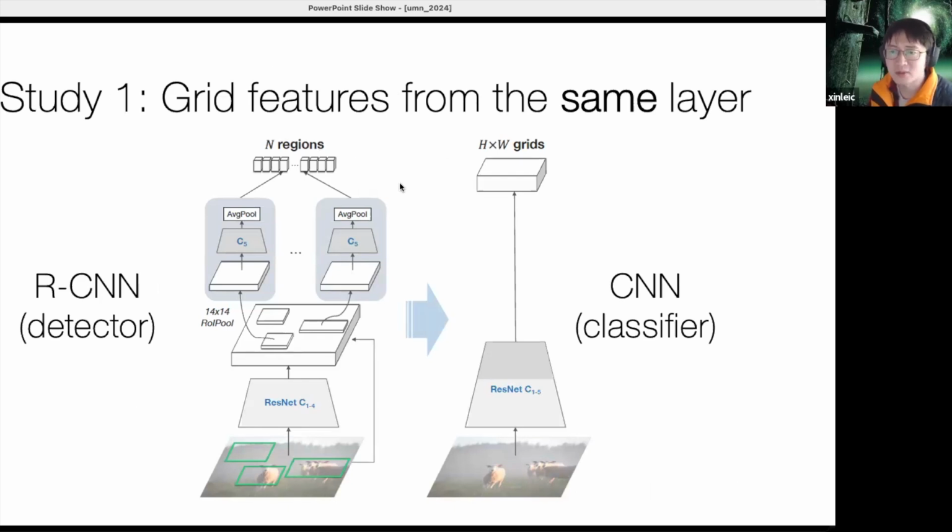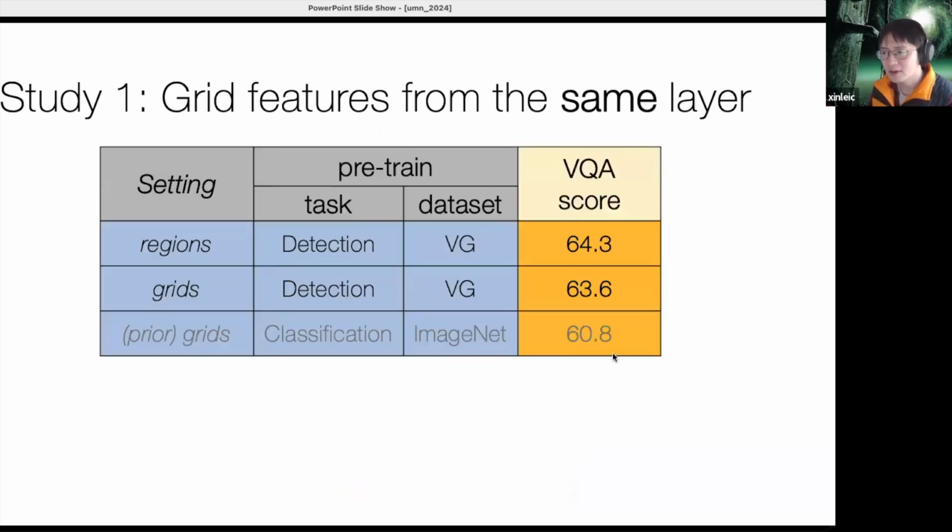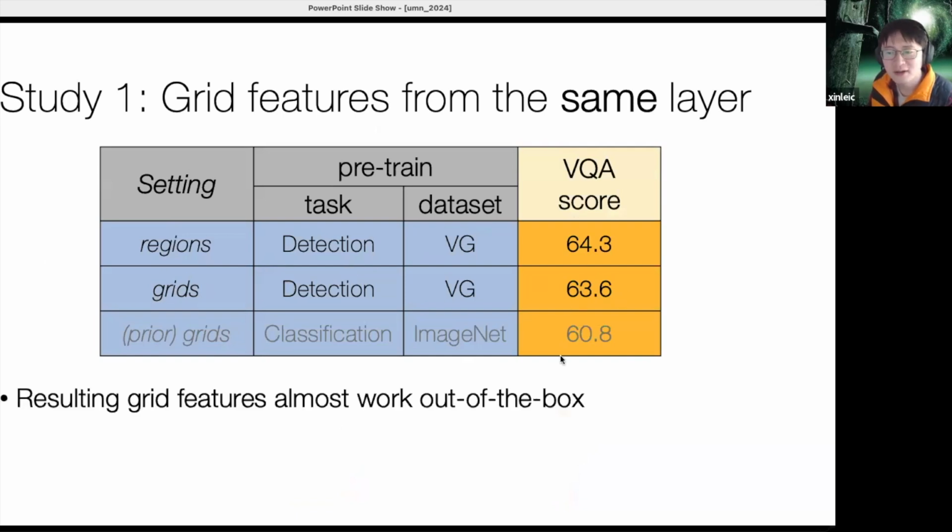We performed 2 studies with this setting. The first study is, let's just remove the region proposals and region feature computation components in the network. And then instead, we use grid features from the same layer. So basically, we remove the region R in R-CNN and make it a CNN. And we find that the grid features we had were actually quite good.